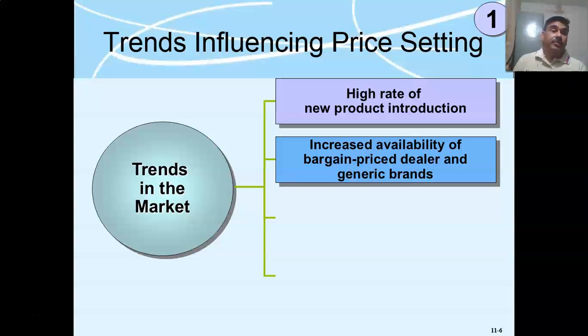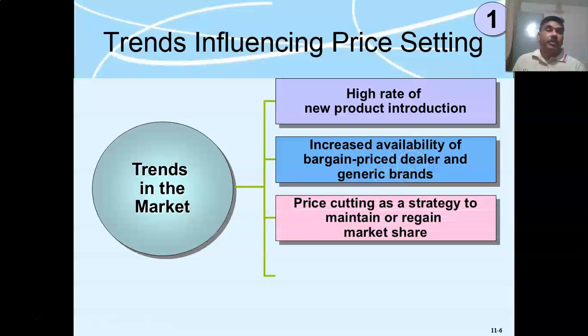It also depends on the different kinds of dealers available to provide that particular product in the market. Specifically, they have used one word, bargain price. Bargain price means when someone negotiates for a particular price, right?